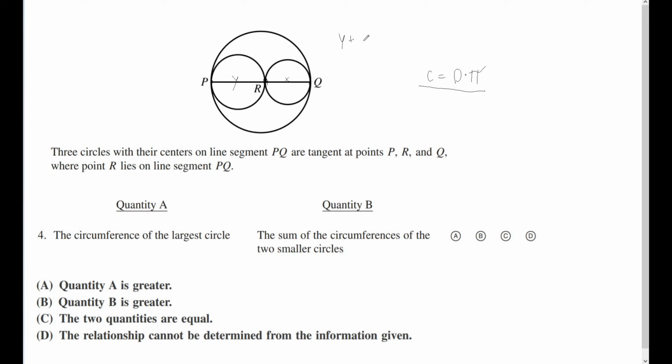So y plus x equals diameter of largest circle. Y equals the diameter of the middle circle, of this circle right here. By middle I mean it's not the largest, it's not the smallest. And then x is equal to diameter of the smallest circle.